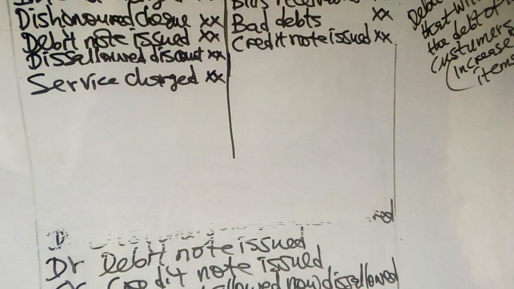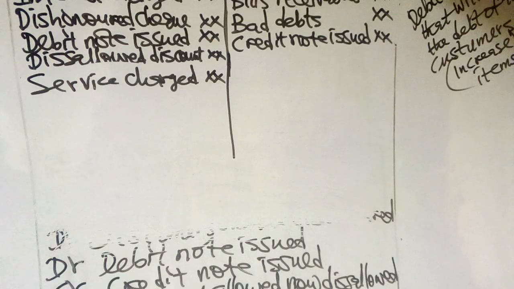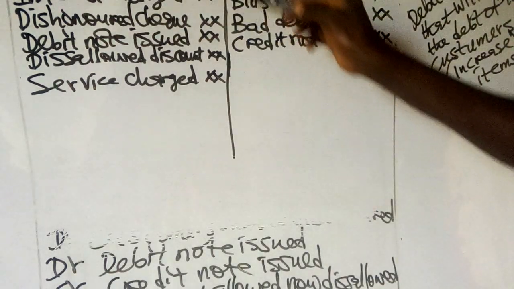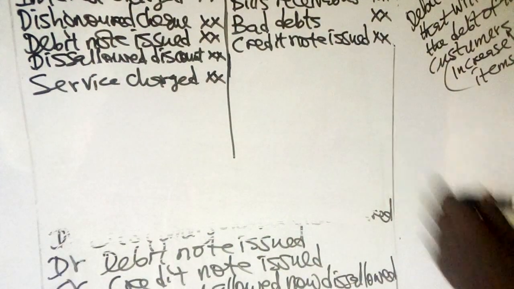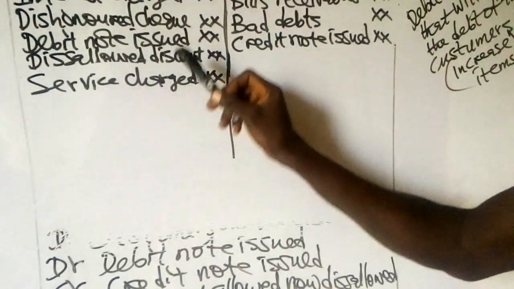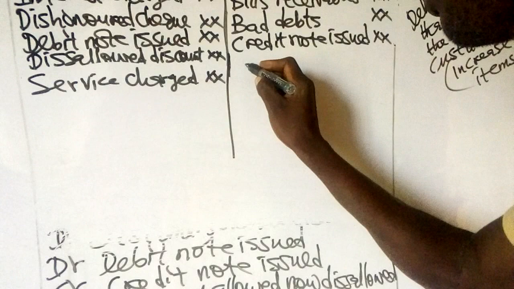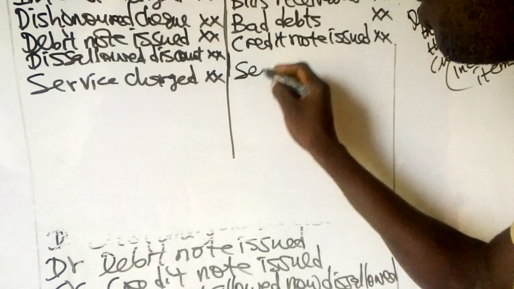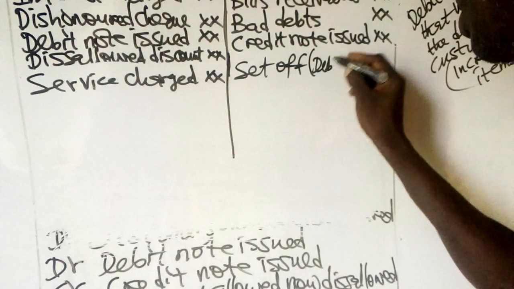Where you have a debit balance, I've told you that normally your receivable ledger control account will have a debit balance, meaning the debit side exceeds the credit side. Where the debit balance is set off against the credit balance of purchases, you are going to credit it. Set off.